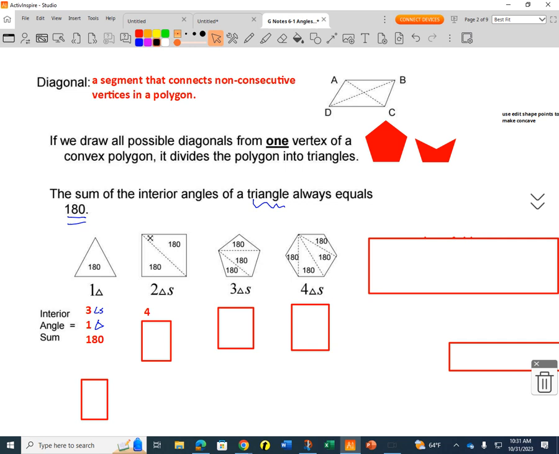There's 4 angles or 4 sides. That diagonal creates 2 triangles. And the total number of degrees would be 2 times 180, which is 360.